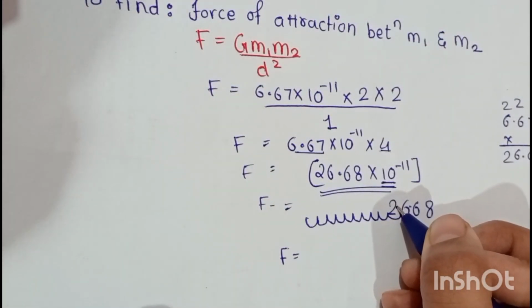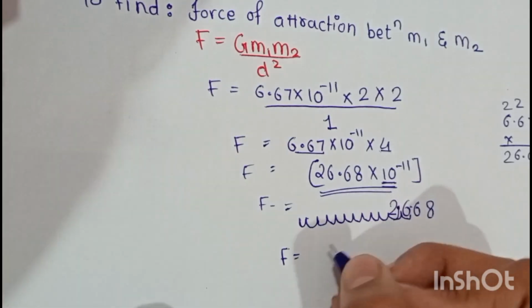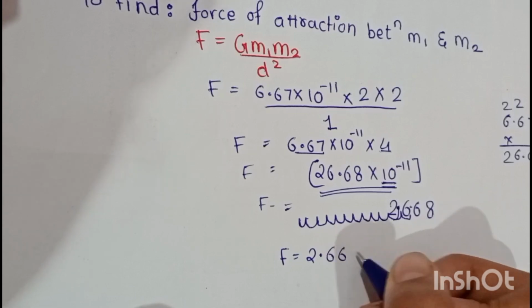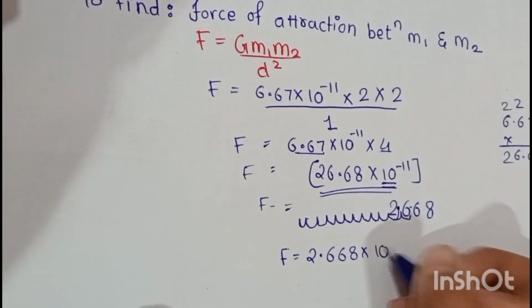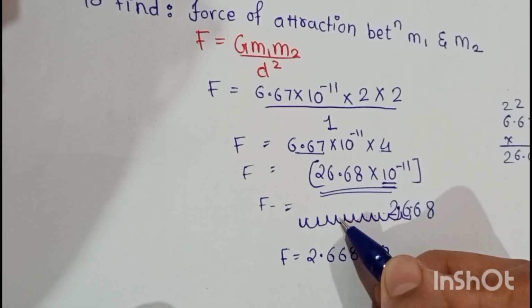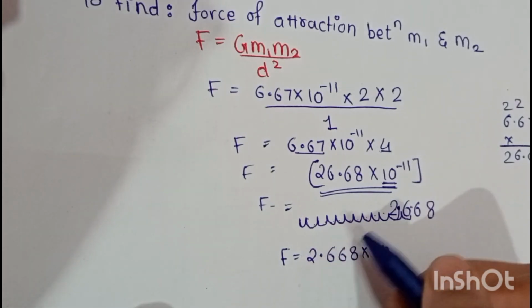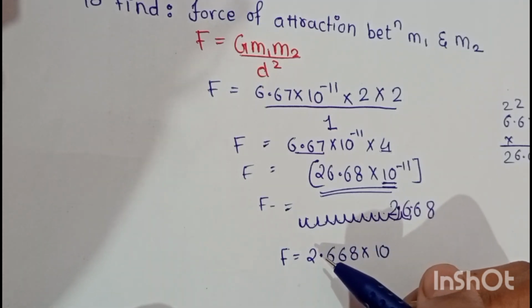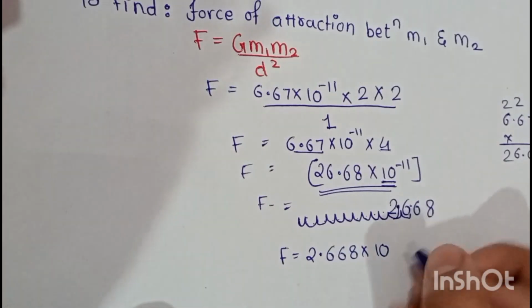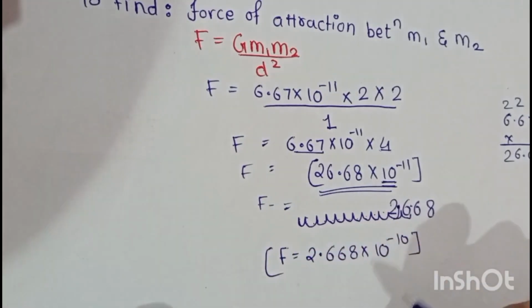So we take 1 from the exponent, and it will be 2.668 into 10 to the power, 1 2 3 4 5 6 7 8 9 10. So 10 to the power minus 10 will be the answer.